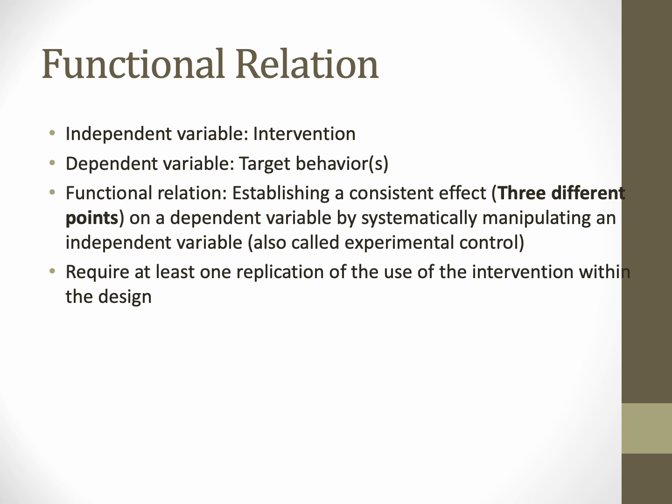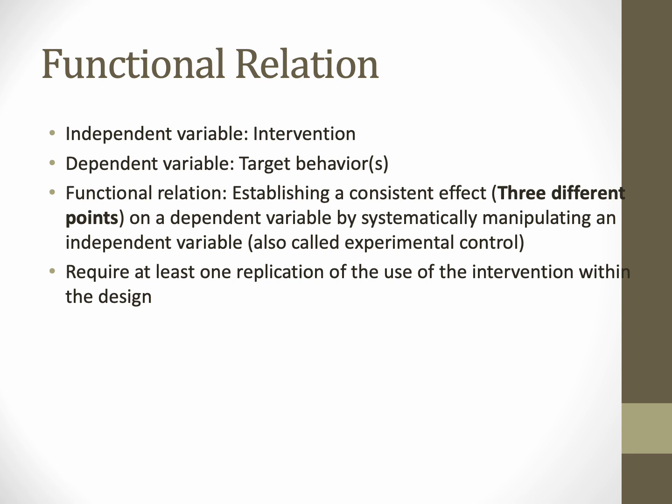Functional relation is established when you see a consistent effect on a dependent variable, which is your target behavior, by systematically manipulating the intervention, like the independent variable. So when you introduce the intervention, if the behavior goes up or down, that means an experimental control is observed. If you see more than 3 experimental controls, then we say functional relation is established.